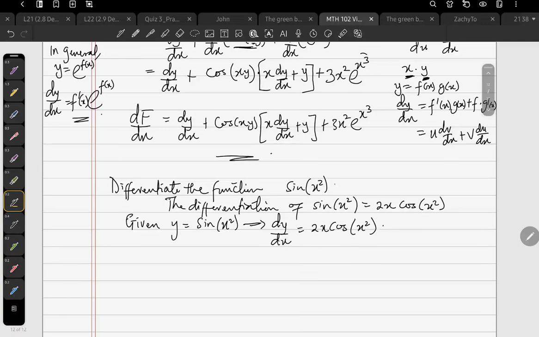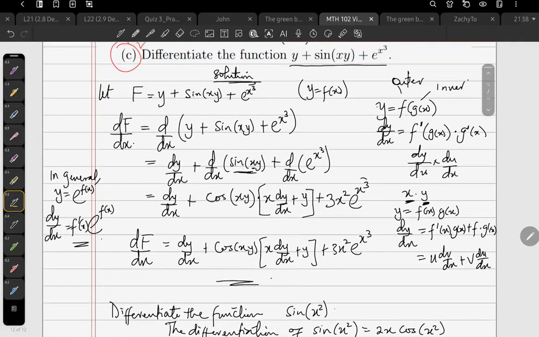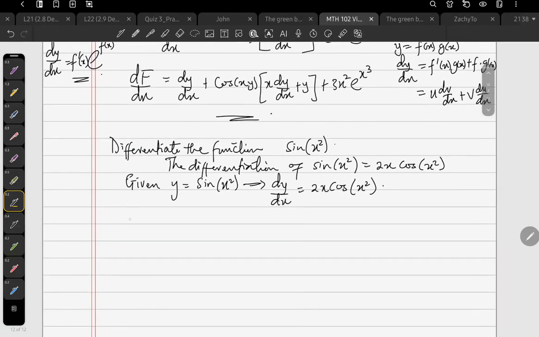Why am I saying this? It's because the question is a bit different if it were to be: find dy/dx if y plus sine xy plus e to the power of x cubed is equal to something, let's say 3.